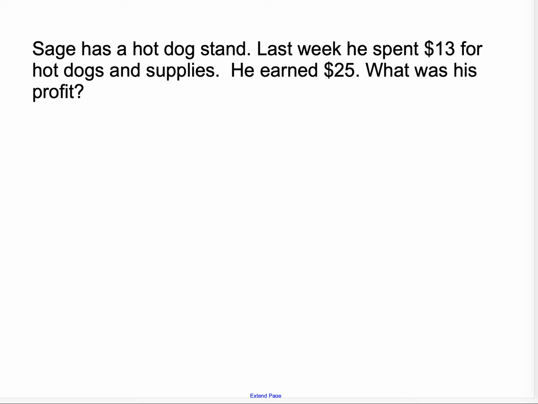All right, let's take a look at a couple more story problems. So here's one. It says Sage has a hot dog stand. Last week, he spent $13 for hot dogs and supplies. He earned $25. What was his profit? Okay, so we are going to go through and decide which ones are positives and which ones are negatives before we add them together. So he spent, that's going to be a negative value, spent $13.